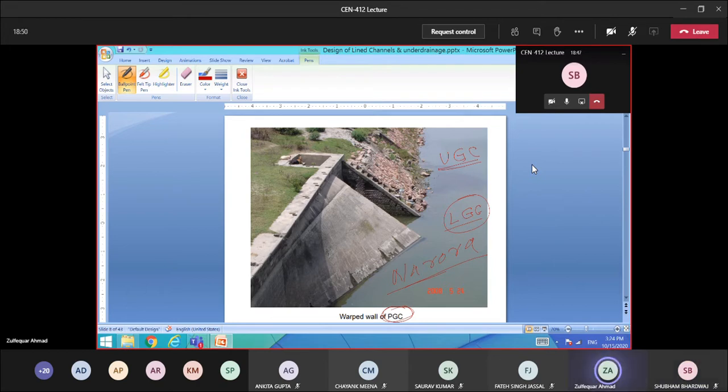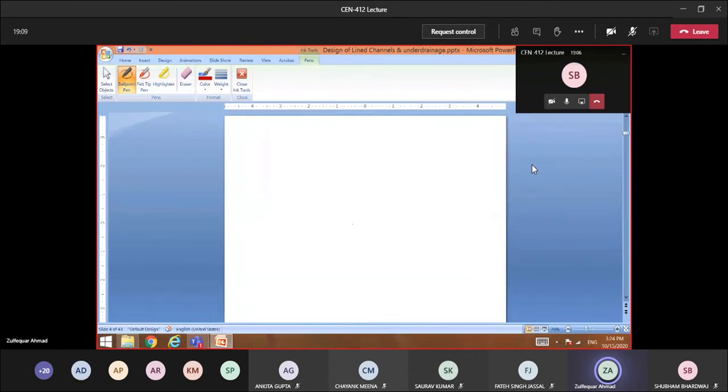Narora, you know, is in the downstream of Haridwar, and that one you can say is near Meerut, or further downstream of Meerut, and from there the two canals are taken. Okay, let me explain on a blank page. See, just 1 minute. This one is the Ganga river.